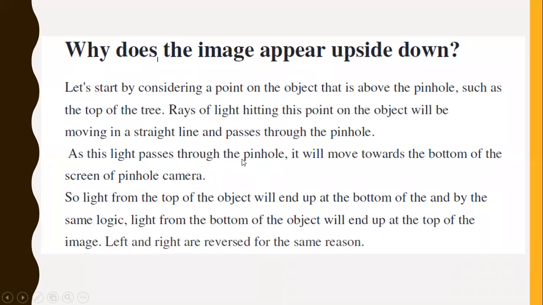As this light passes through the pinhole, it will move towards the bottom of the screen of the pinhole camera. So the light from the top of the object will end up at the bottom of the image, and by the same logic, the light from the bottom of the object will end up at the top of the image. Left and right are reversed for the same reason.